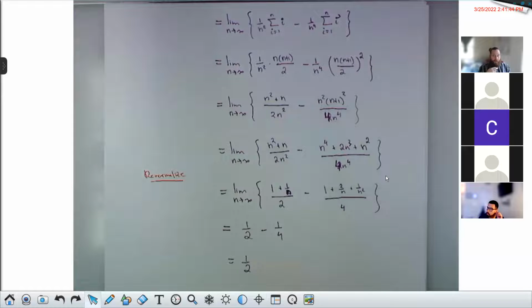So that is the exact area bounded by the function f of x equals x minus x cubed from 0 to 1. Questions on this calculation?